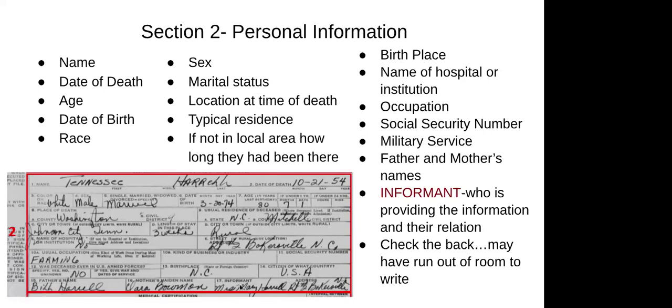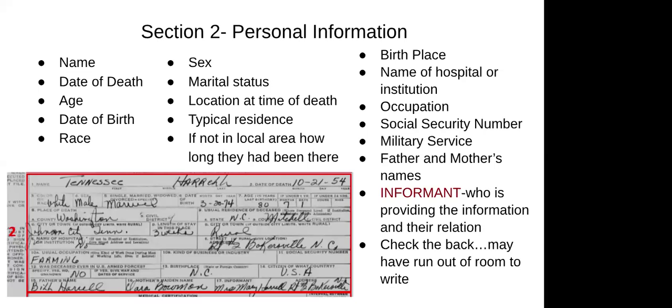And this section here is very important. People often overlook it. It's the informant. This is the person who is providing all of this information. This can give you an idea of who was the family memory keepers, who was around the person when they passed away, and to give you an idea if the information stands a chance of being accurate or not.